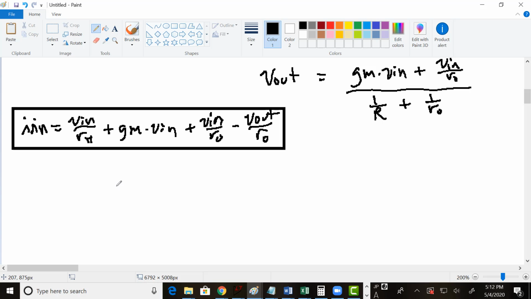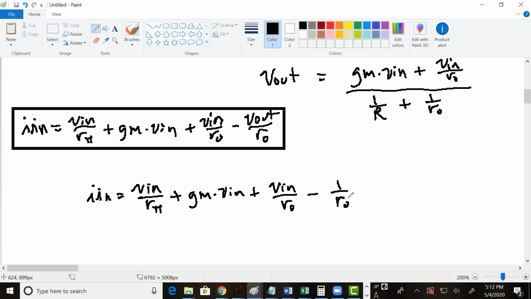So we have, oh, this is interesting. There's only one I in, unless I messed up my math, which is very possible. Plus GM V in plus V in over RO minus V out, which is this whole thing, divided by RO.